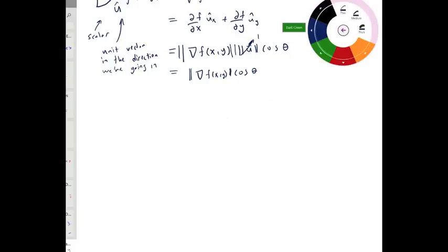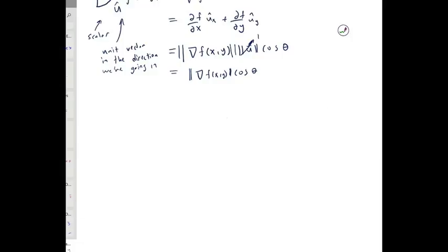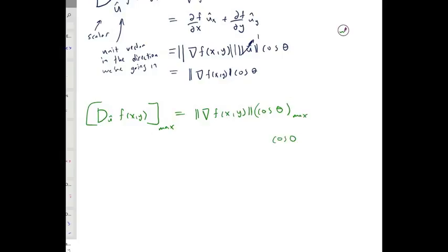So now we want to find the maximum rate of change of this function. So we want to find the max value of this. Well, this is going to be at its maximum when we get the maximum value of cosine theta. Well, cosine theta is at its max when it equals 1.